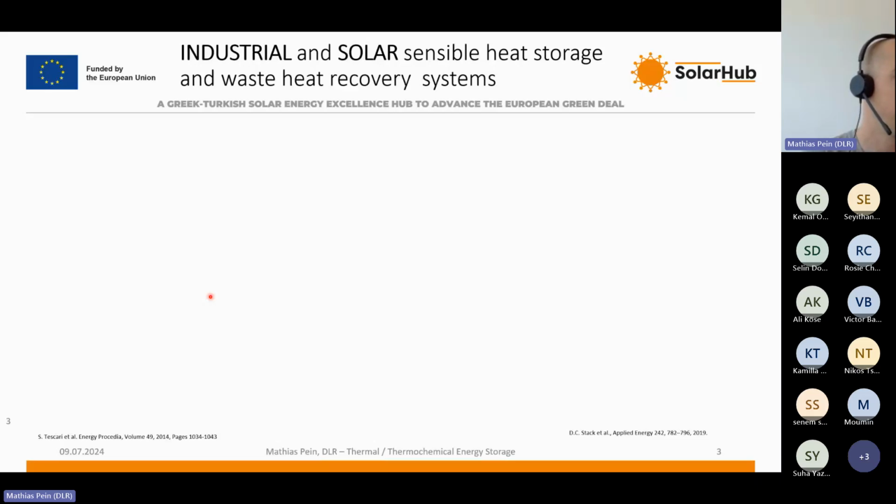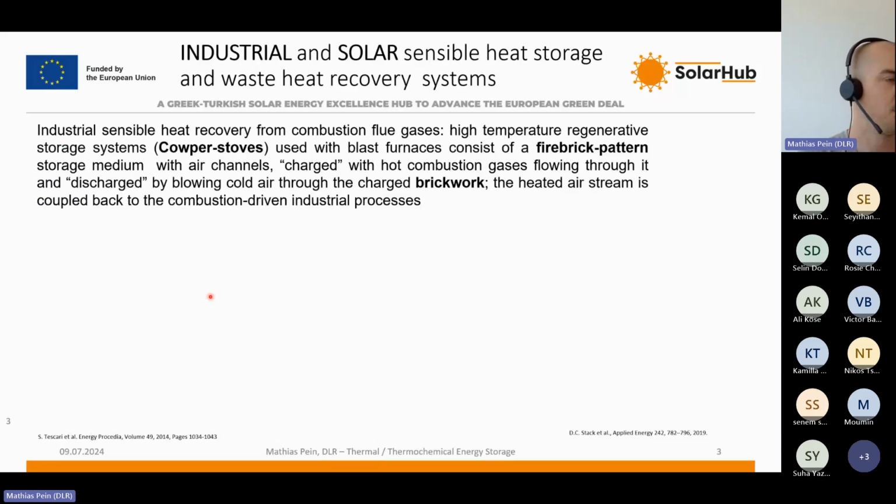So what has been done in the past is mostly to introduce sensible heat recovery systems. Most of the heat supply right now in industry is coming from fossil fuels, so mostly methane gas that has been burned.